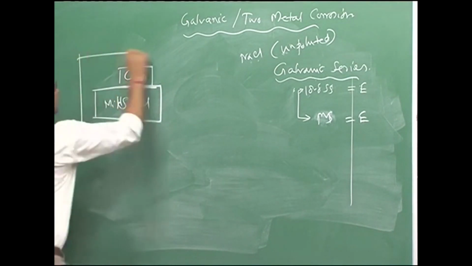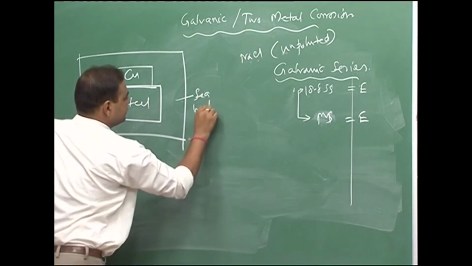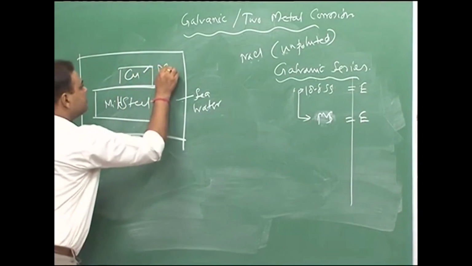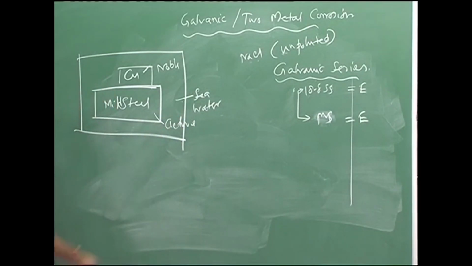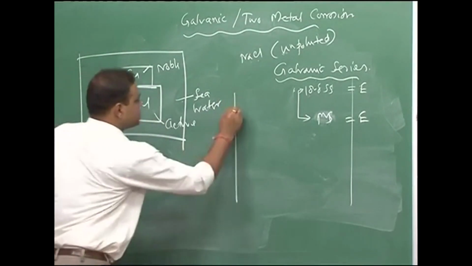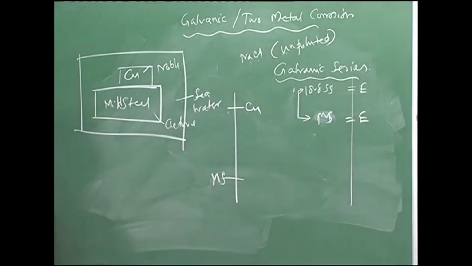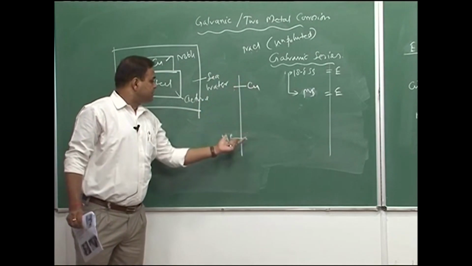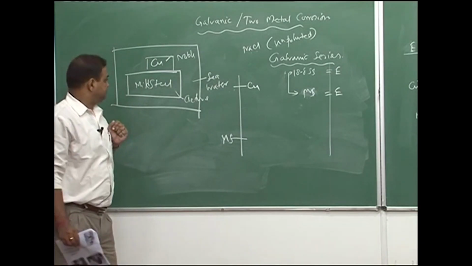If we would like to see what happens in seawater, the copper will act as noble and the mild steel will act as active. In the galvanic series, copper will be placed at the top and mild steel below this copper. So, this is the position of copper and mild steel in the galvanic series in NaCl solution.